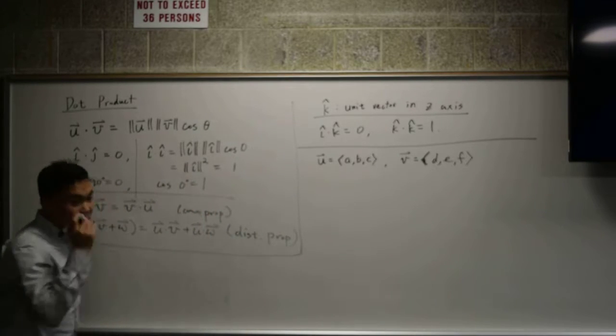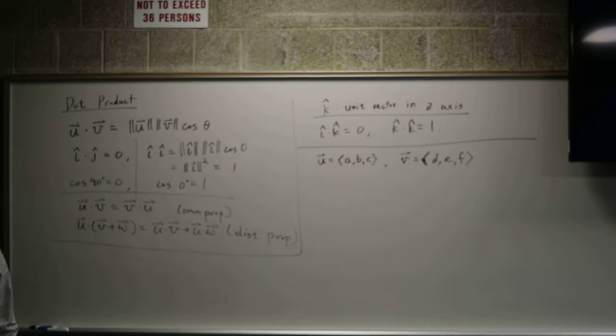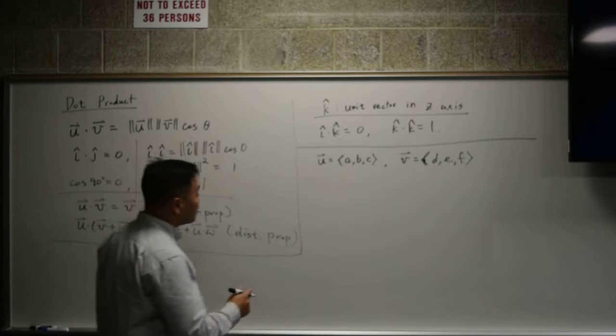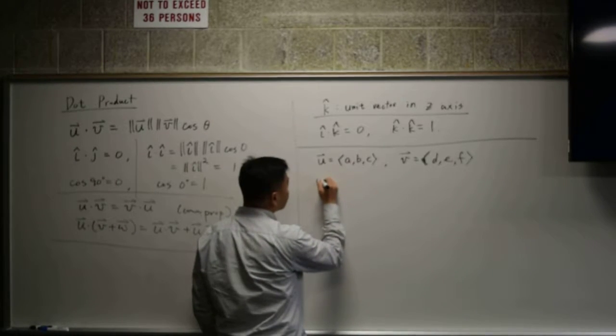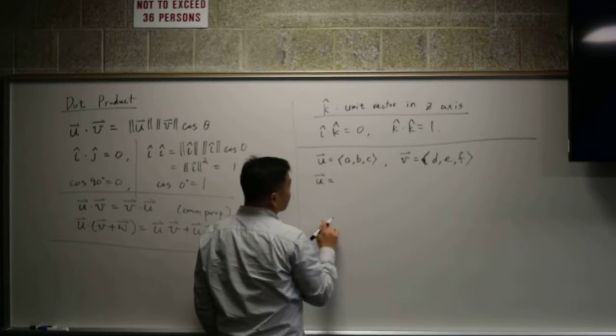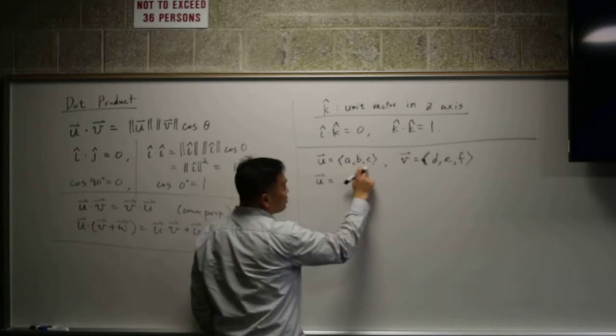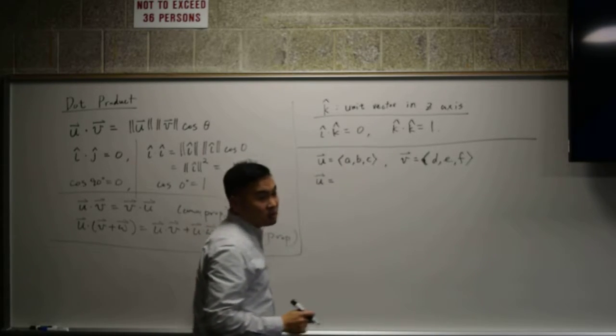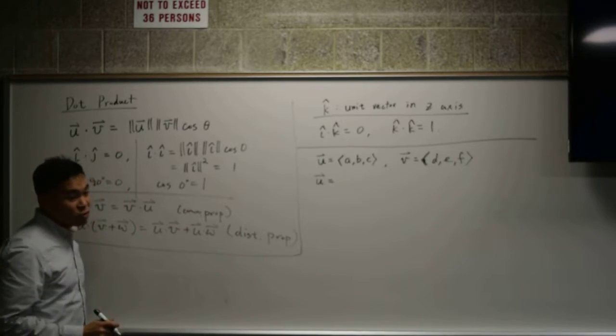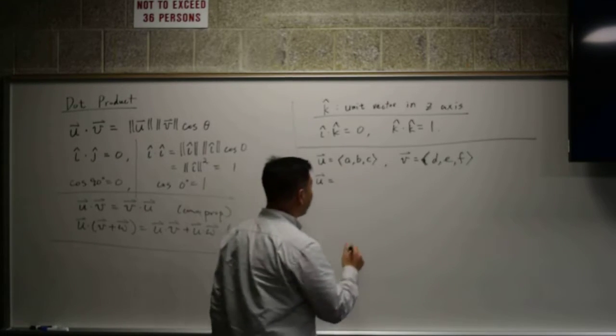Three numbers each. So these are three-dimensional vectors. Now, you can represent any three-dimensional vector by using i and j and k. Let me explain how we do that.